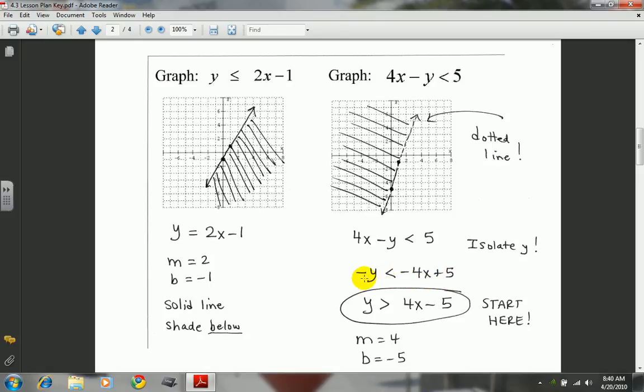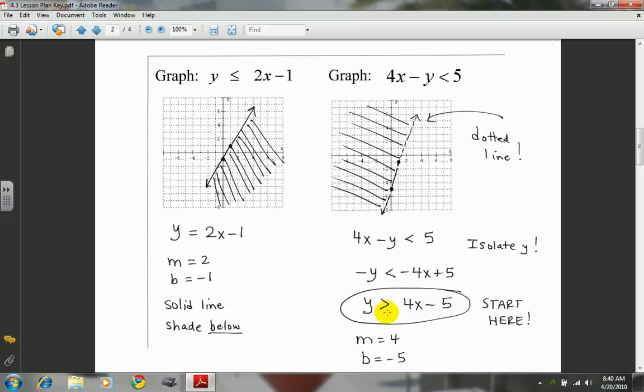To get y alone, I multiply by negative 1 or divide by negative 1. So every sign changes. Notice this becomes a positive, this becomes a positive, this becomes a negative. But remember, when you multiply or divide an inequality by a negative number, you have to change the direction of the inequality sign. So it, quote, flips the sign, if you want to say that.